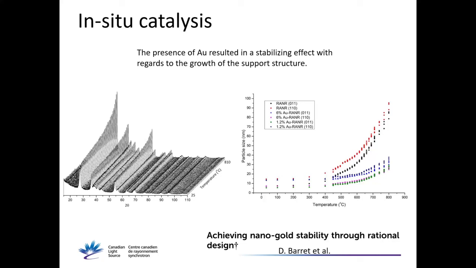They have better resistance to that thermal treatment. So the gold in the tip actually stabilizes the structure, and it also keeps the gold nanocrystals from migrating and joining other gold crystals and growing.